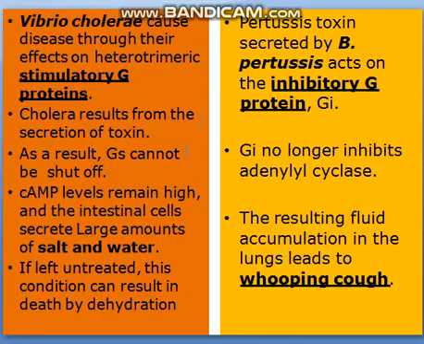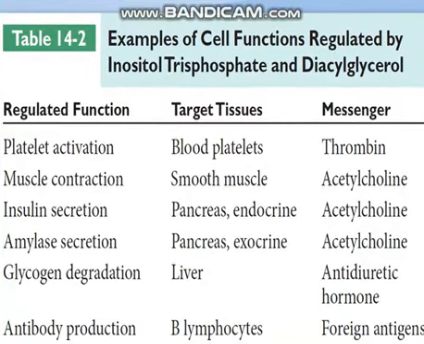Okay, so these signal transduction reactions are tightly regulated within our cells, bodies, tissues, and organs, everywhere, and these are some of the examples. This is the last slide. As far as G protein coupled receptors are concerned, here you can see platelet activation, muscle contraction, insulin secretion, amylase secretion, glycogen degradation, antibody production.